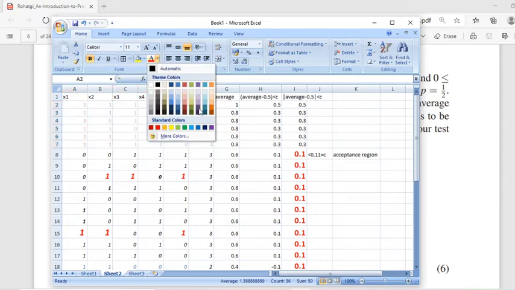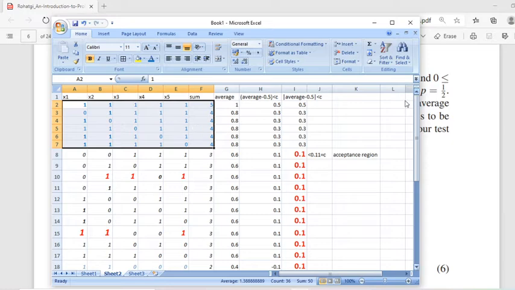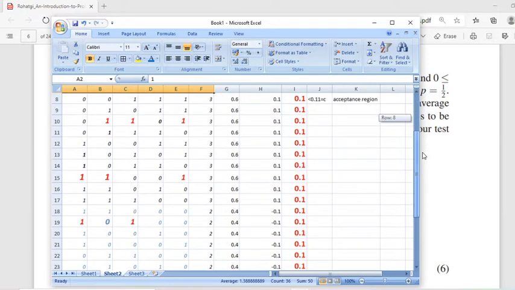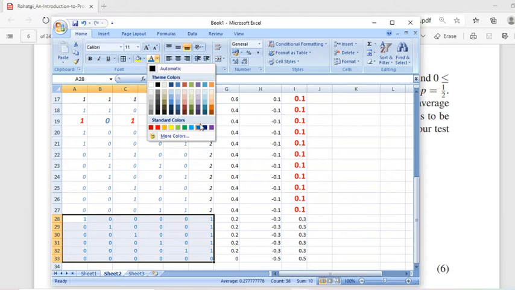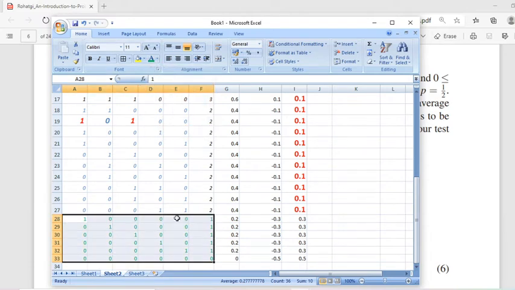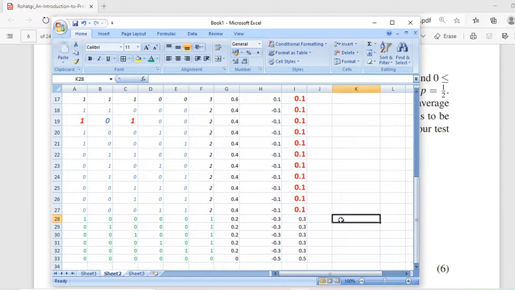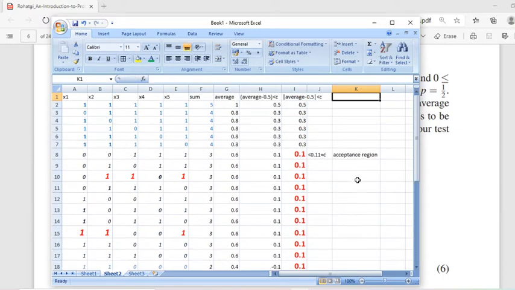I will color it with a different color. This is the rejection region, and here also we consider this as a rejection region.